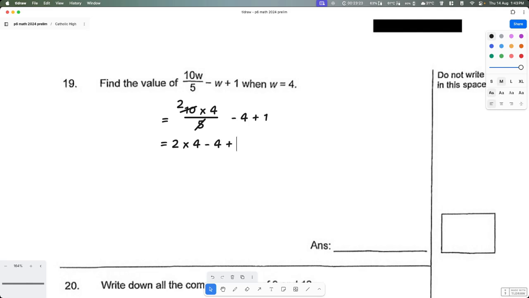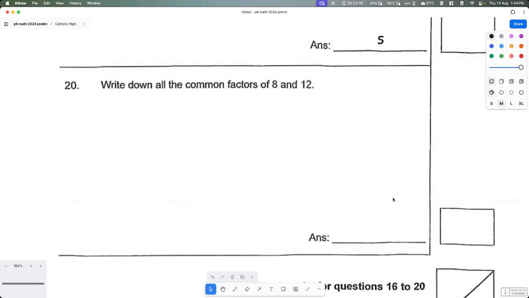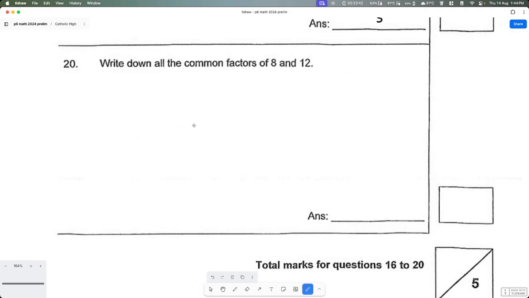Then this becomes 8 minus 4 plus 1. 8 minus 4 is 4, plus 1 becomes 5. So the answer is 5. Let's move on to question 20. Write down all the common factors of 8 and 12.